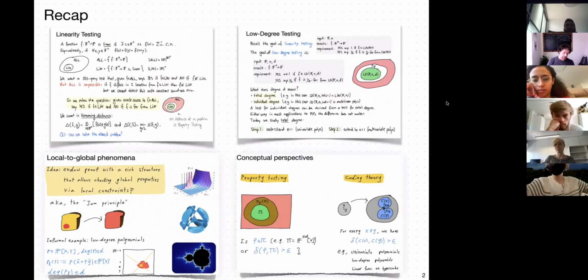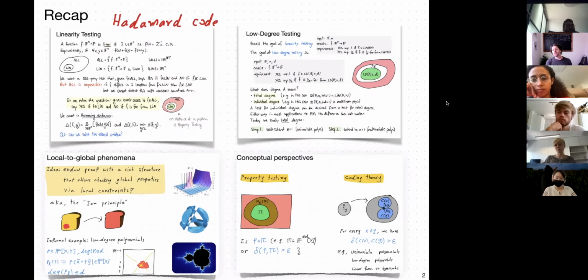When we discussed linearity testing, we were actually referring implicitly to the Hadamard code. And what is the Hadamard code? You want to take some piece of information. Maybe it's a proof that a graph is 3-colorable, maybe it's anything that we would like to communicate. Then we represent that information by looking at the message, the information that we want to encode, and taking its multilinear extension.